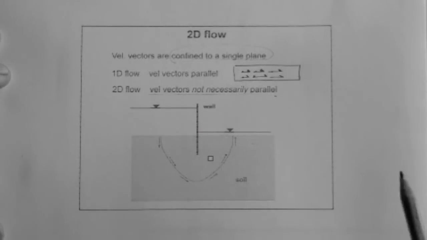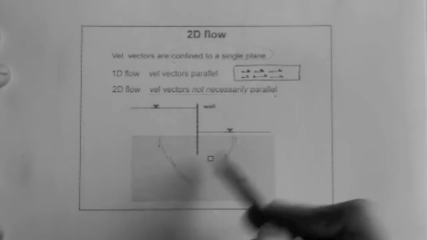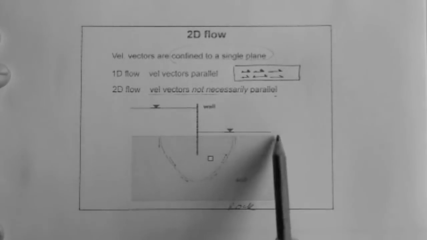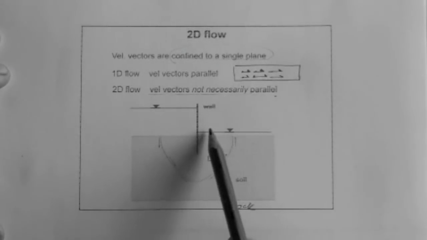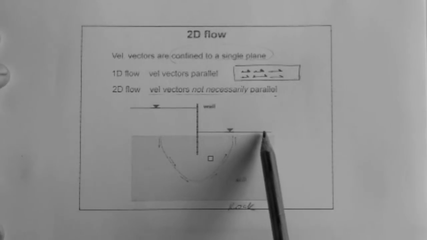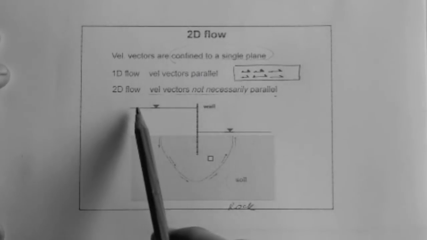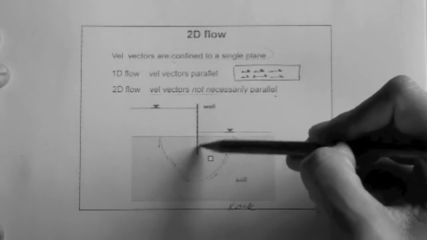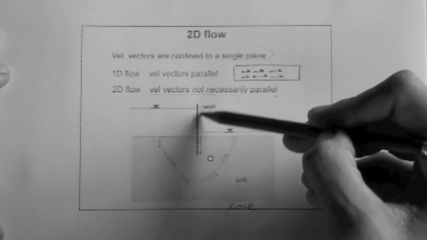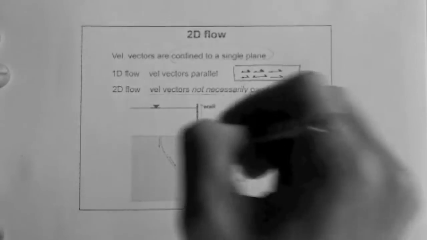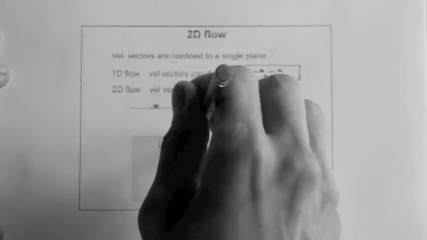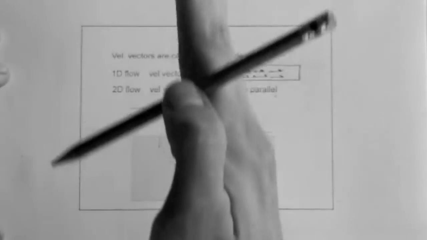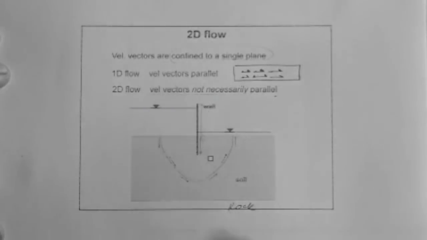It's a special profile where we have the soil mass, rock here, here's the ground surface, but above the ground surface there is a water table on one side and a water table on the opposite side of a wall that is embedded in the soil a certain amount and protrudes out of the soil a certain amount. This wall basically runs into the page. So you can think of the wall like this, running into the page and out.